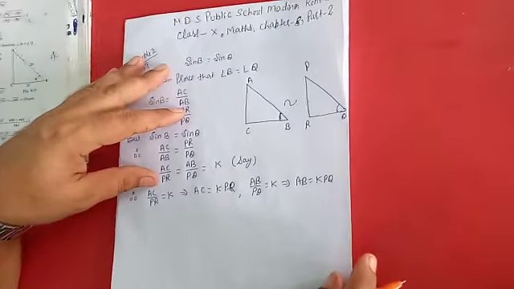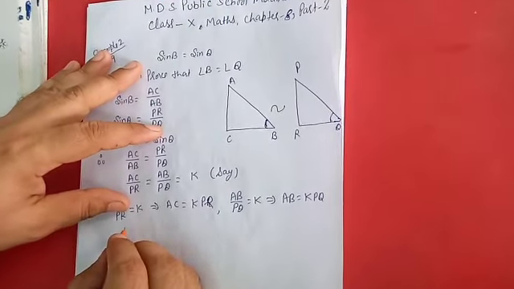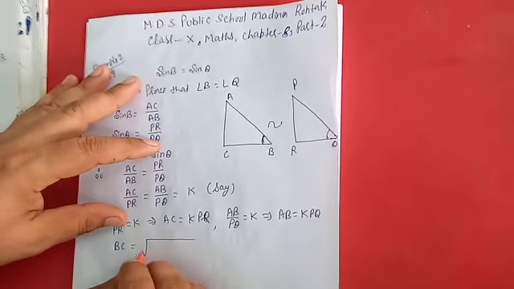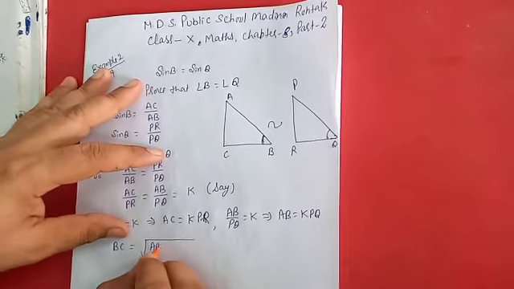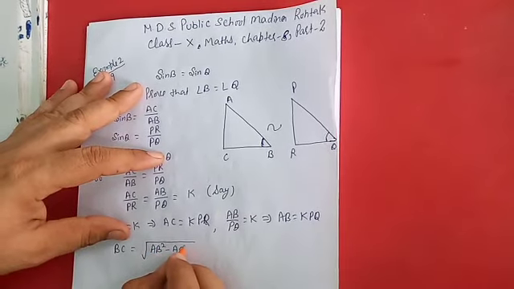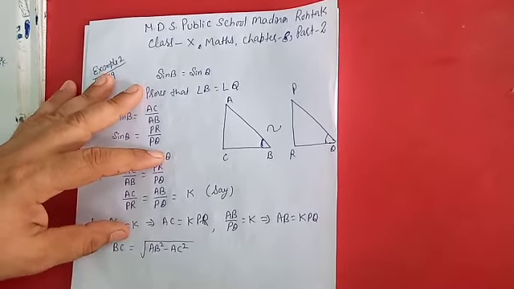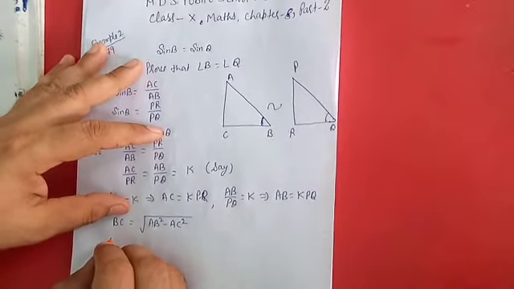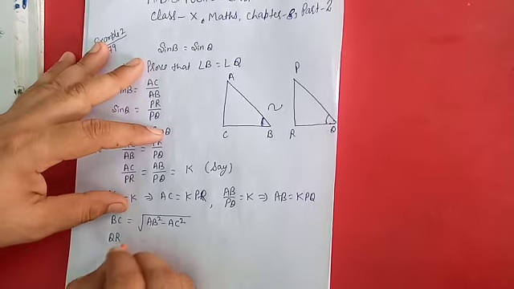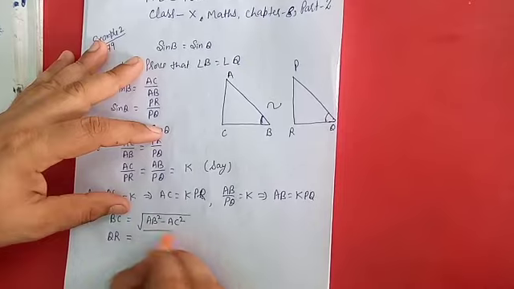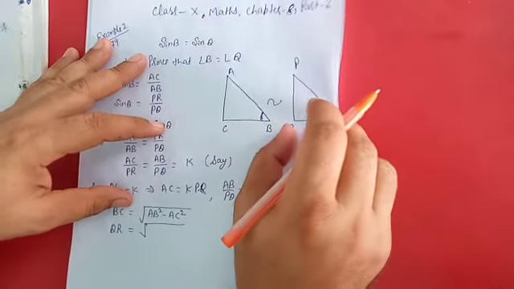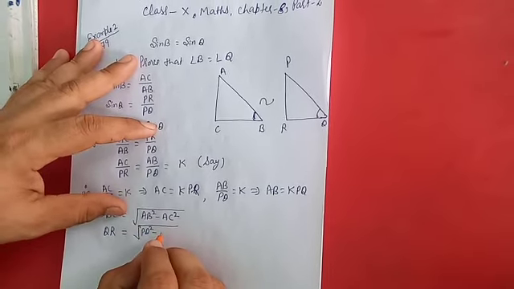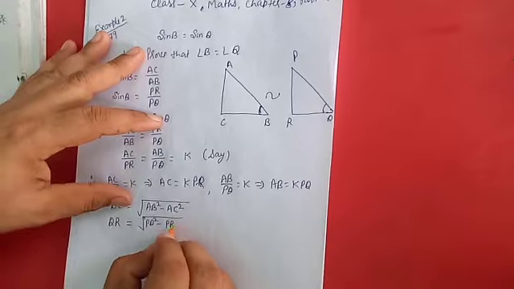Now, what is BC? BC is equal to the root of AB square minus AC square. Yes or no? Why? By Pythagoras. And QR? QR is what? This is QR base. This is equal to the root of PQ square minus PR square.